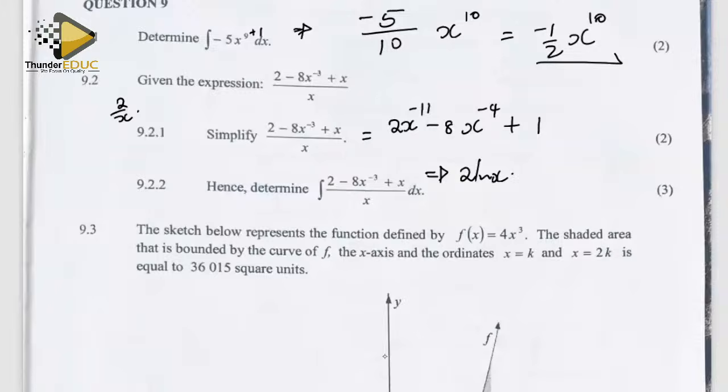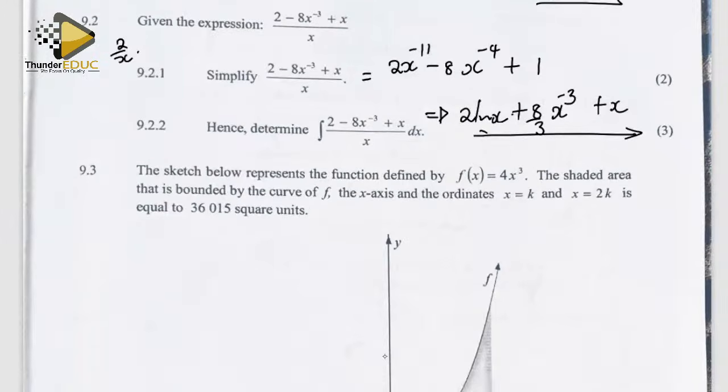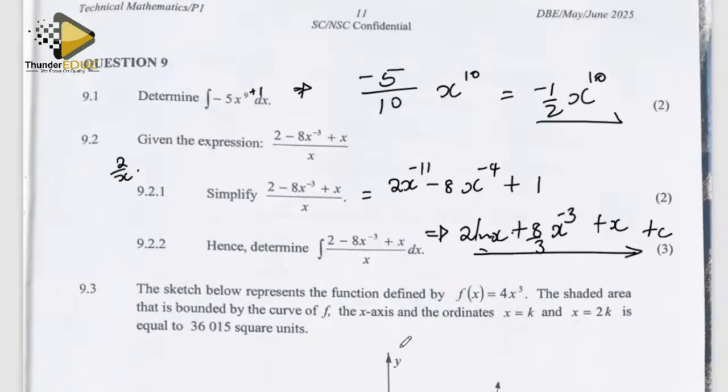And then this other one, when I add 1, I'll get a 3, which is negative and negative, which means I'll have a plus 8 over 3, x to the negative 3. And then this one will automatically become the x. Okay, there we go. You can always put a plus c, since I'm differentiating. Okay, sorry, I'm not differentiating, I'm integrating.